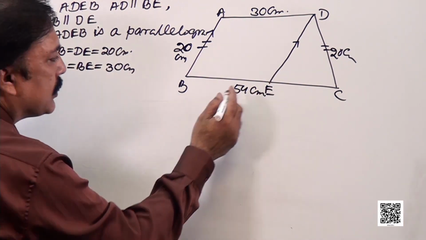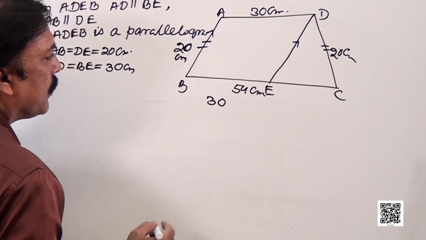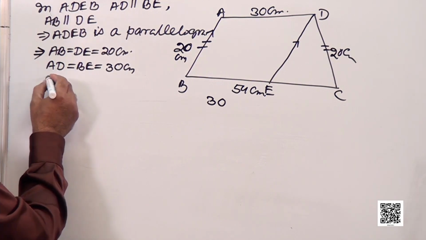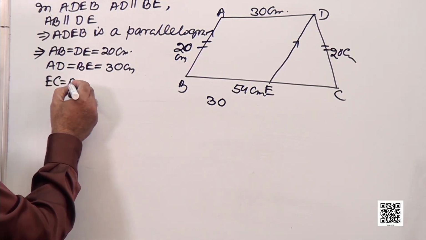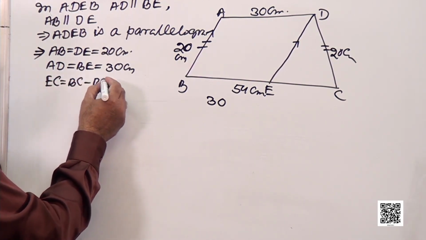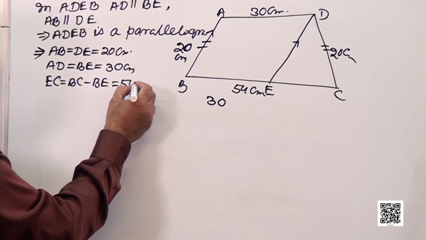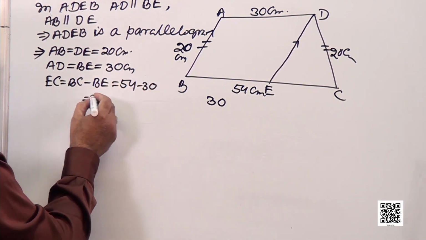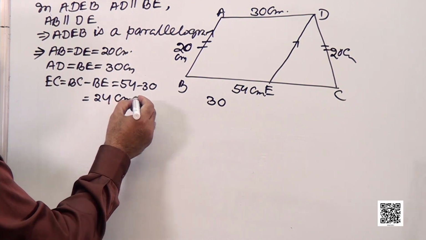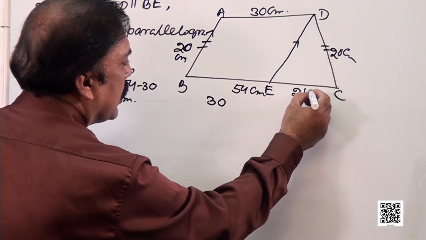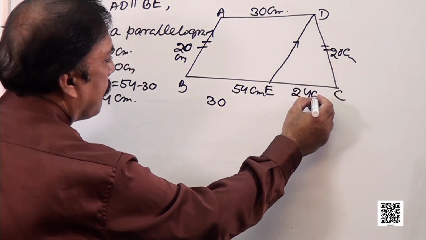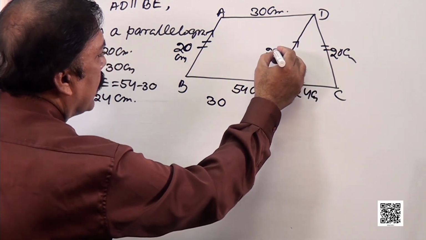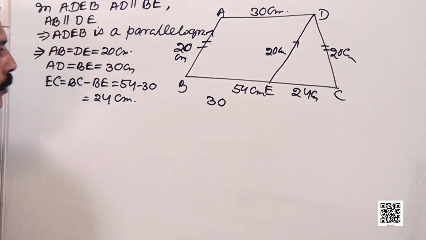If BE is 30 centimeter, then what is EC? EC is equal to BC minus BE, that gives 54 minus 30, that is 24 centimeter. So we have EC as 24 centimeter and DE as 20 centimeter.